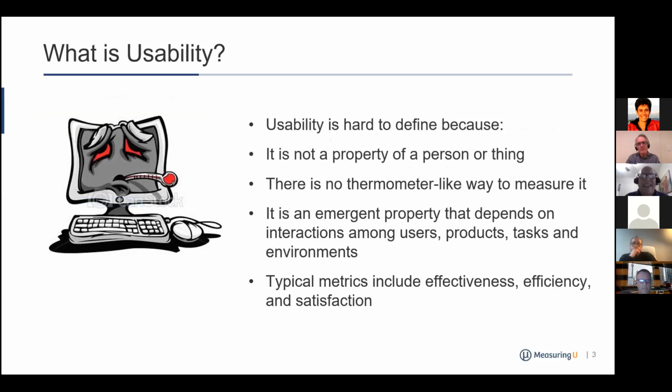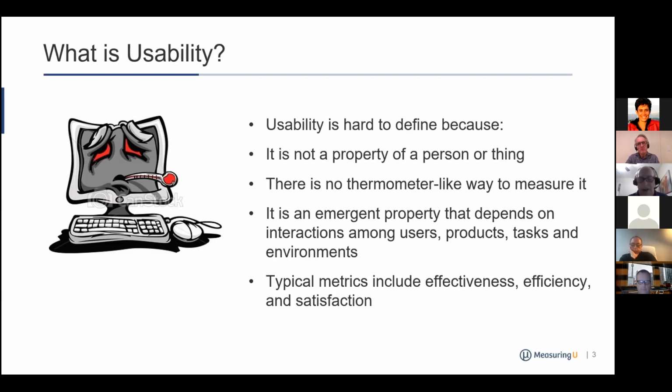But beyond giving those kinds of labels, usability has traditionally been hard to define. It's not really a property of a person or thing. We don't have any usability thermometers. One of the insights that came out of the late 80s rolling through the 1990s, which culminated in both ANSI and ISO standards, is that usability is an emergent property that depends on interactions among users, products, tasks, and environments.